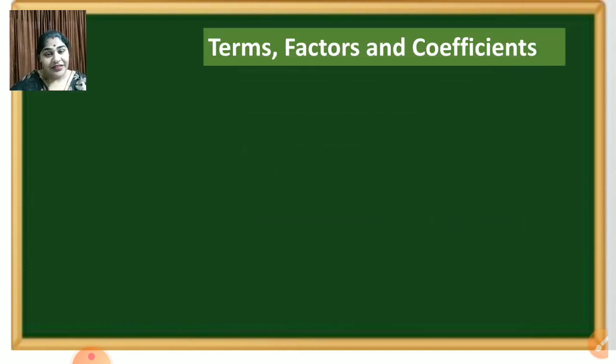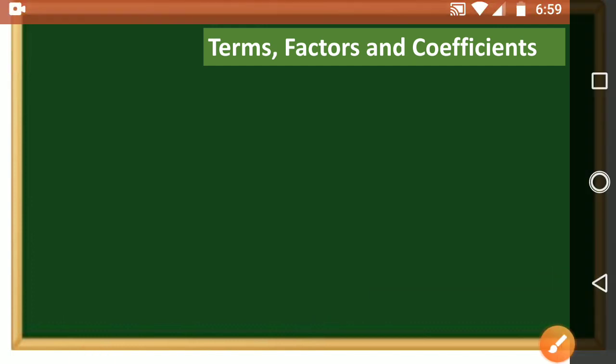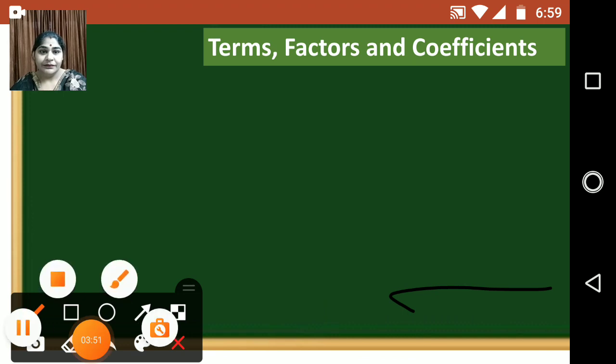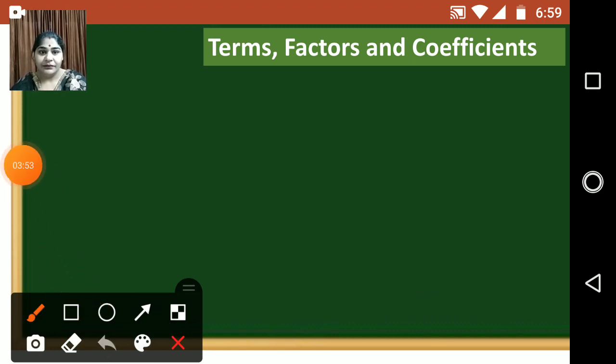Now let us proceed with our next topic, that is terms, factors and coefficients. These topics we have already seen, still once again we will see what are terms, what are factors and what are coefficients. Suppose, children, I take an example, 2x plus 4.